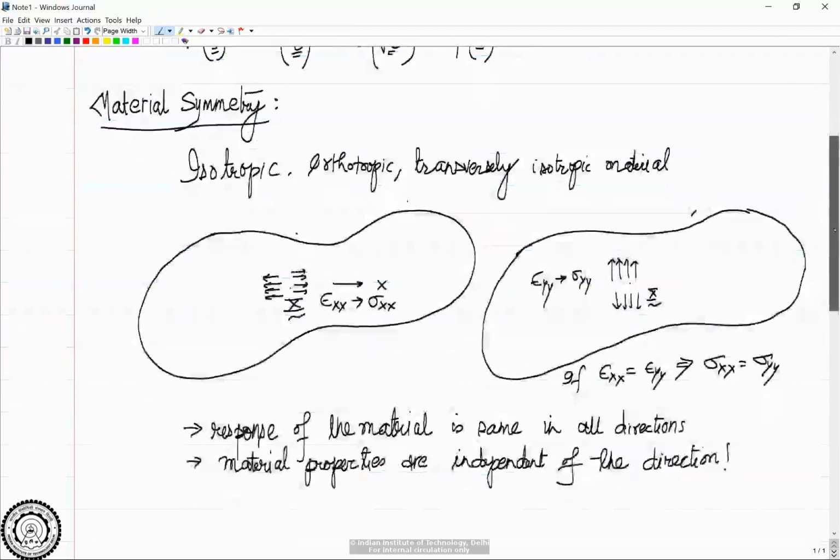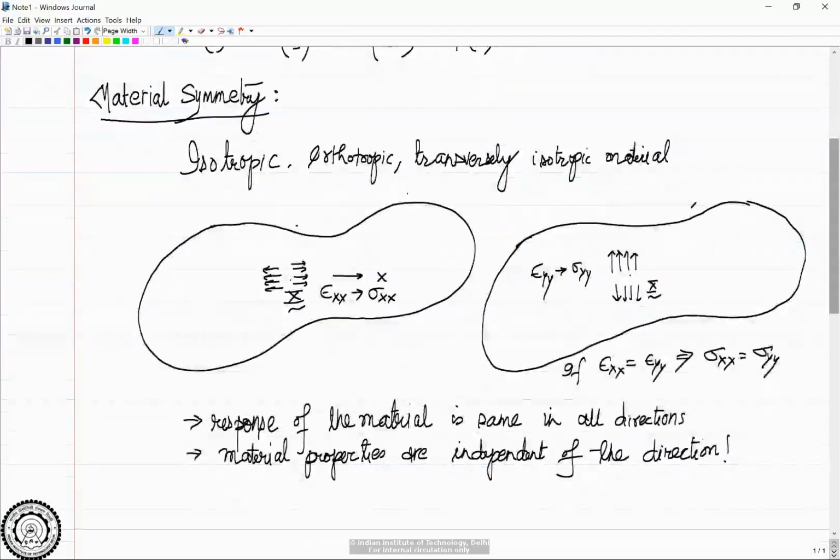So now you see it is just a property at a point that material properties are the same in all the directions, or the response is the same in all directions. The property can still vary from point to point.